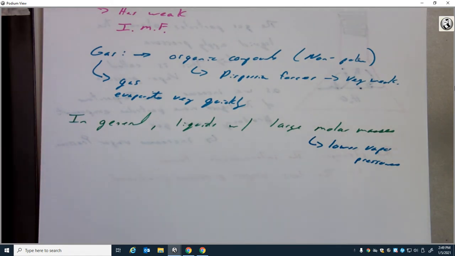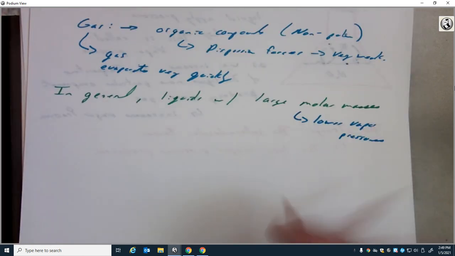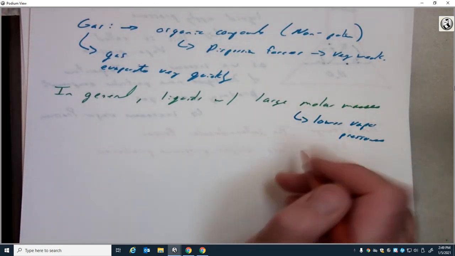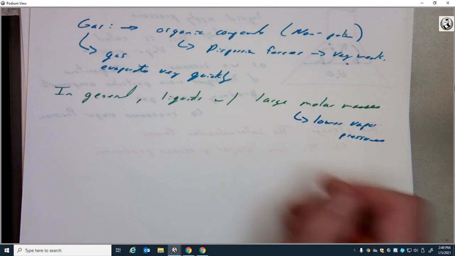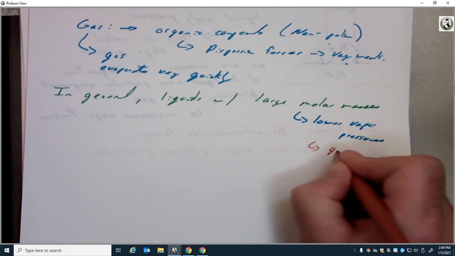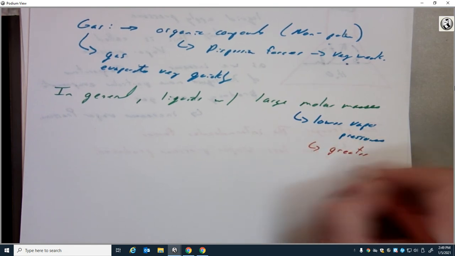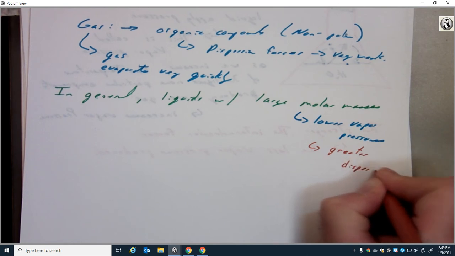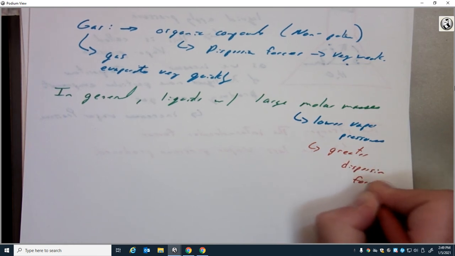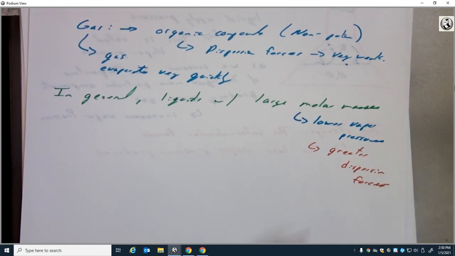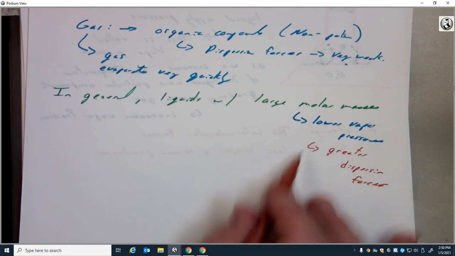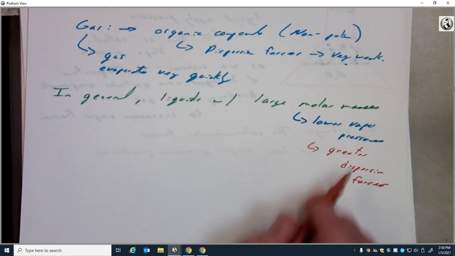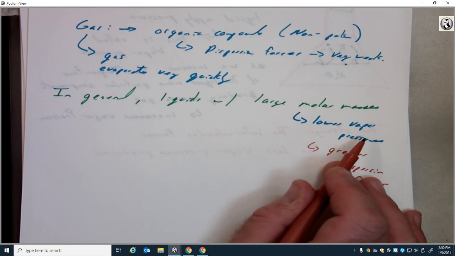Why? We've got to do those intermolecular forces again. The bigger our mass, the more dispersion forces we have. So remember, the greater the strength of those forces, the lower the vapor pressure.